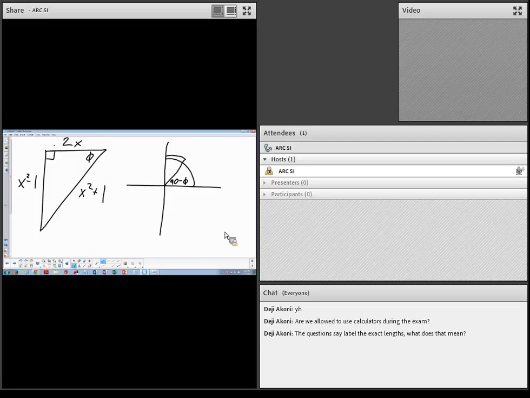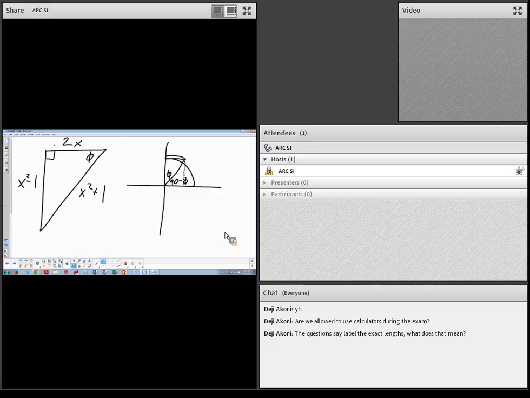That's where I was, but I hadn't figured out the first thing, so I don't know what to do from here. So this is phi, right? If you can figure out that distance, then you have the sine of 90 minus phi.